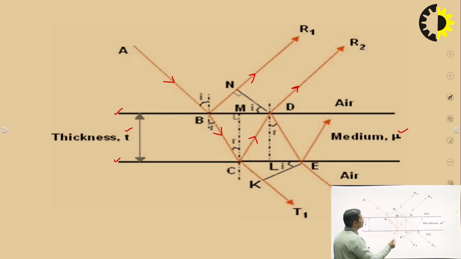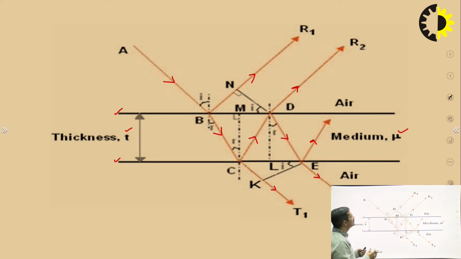At point D there will also be a transmitted ray, and so on. So multiple reflection and refraction will occur inside this film.